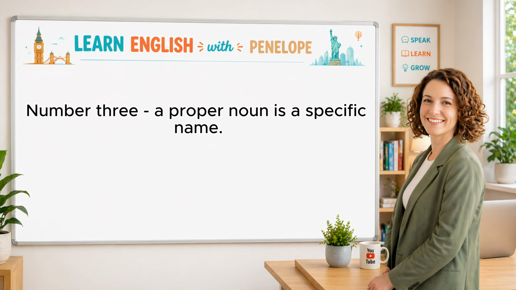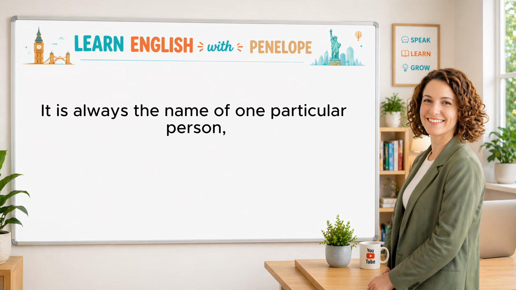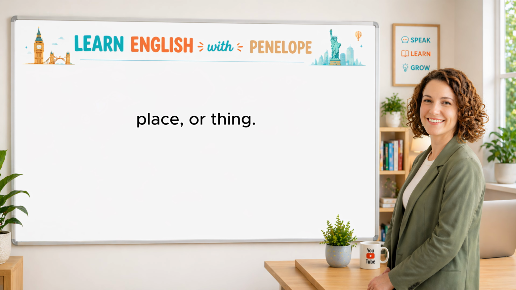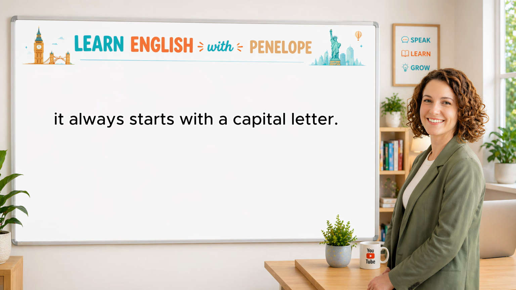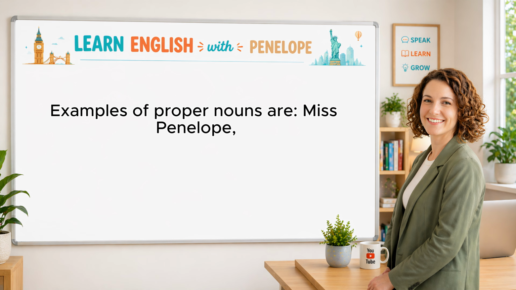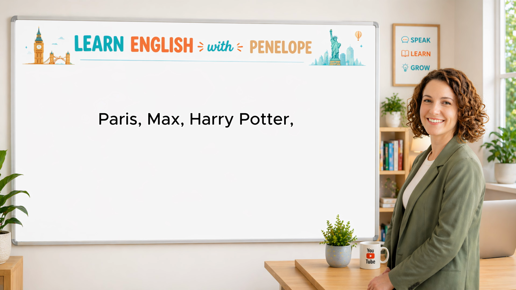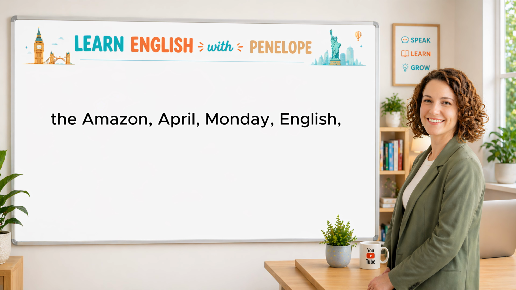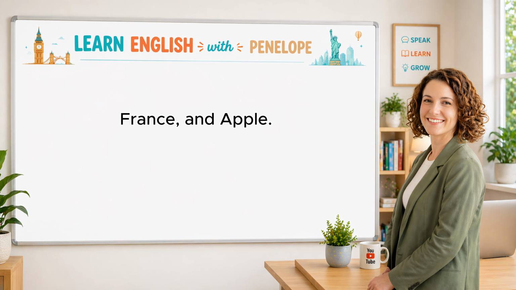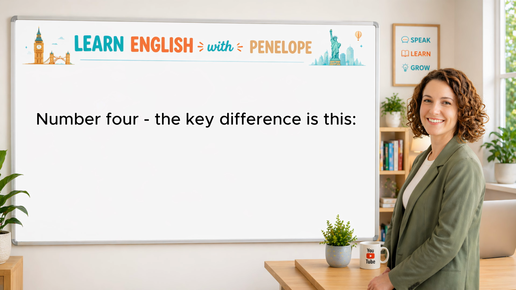Number 3, a proper noun is a specific name. It is always the name of one particular person, place, or thing. It always starts with a capital letter. Examples of proper nouns are Miss Penelope, Paris, Max, Harry Potter, the Amazon, April, Monday, English, France, and Apple. Number 4. The key difference is this.